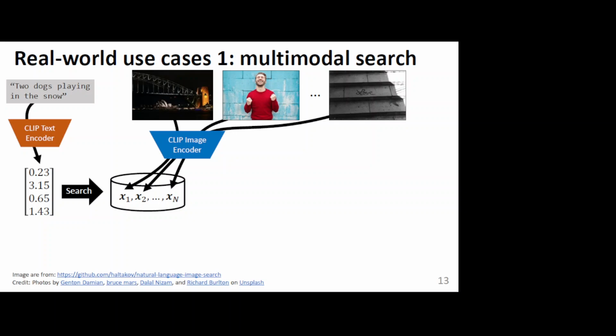Then suppose a user gives a query. It's a text query: "two dogs playing in the snow." So it's in a different modality. You can imagine that the text representation is very different from the image representation.